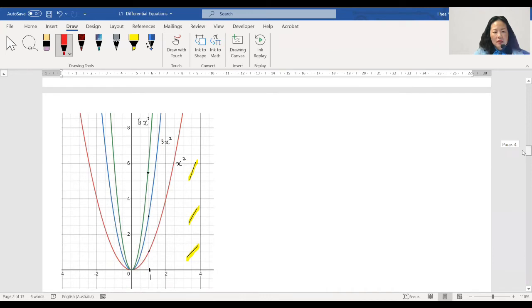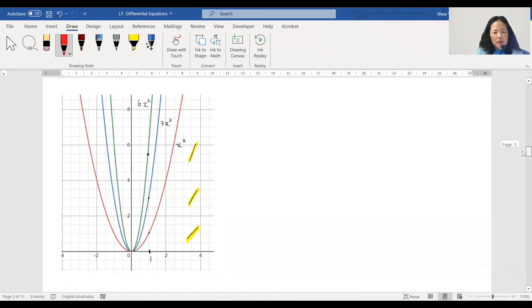Before we start, I want you to have a look at this. Now, this is just parabolas, right? And I'm looking at when x equals 1. So when I look at x equals 1, I've already put the little dots there, right here, and right here, and right here.